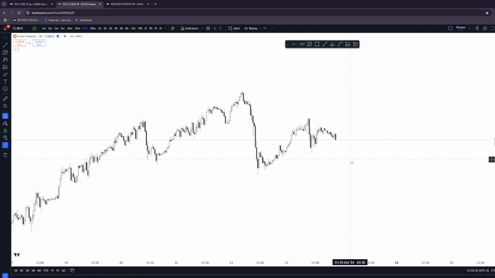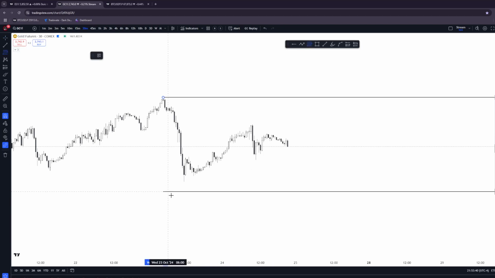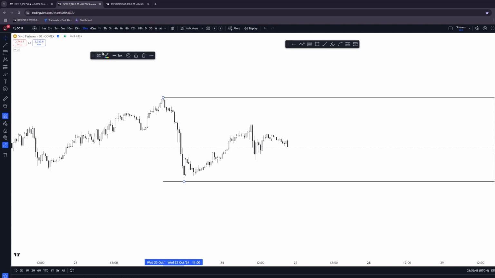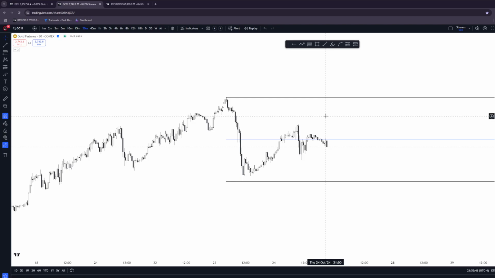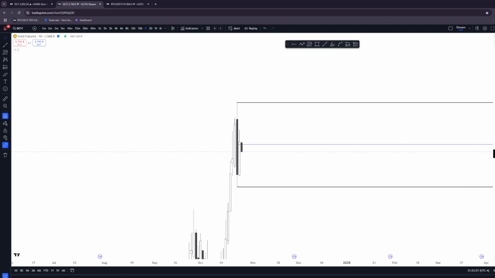I think we confirmed the range here on higher time frames. Let me see. Yeah, okay, we got a confirmed range here. Let's see what we have of supply or demand. Let's see, start from the daily, just to make sure we're not missing anything.